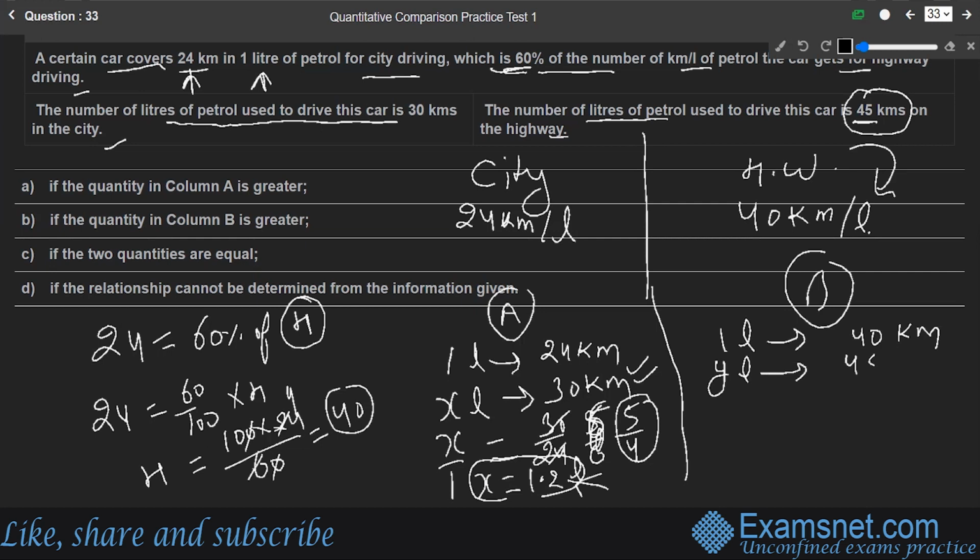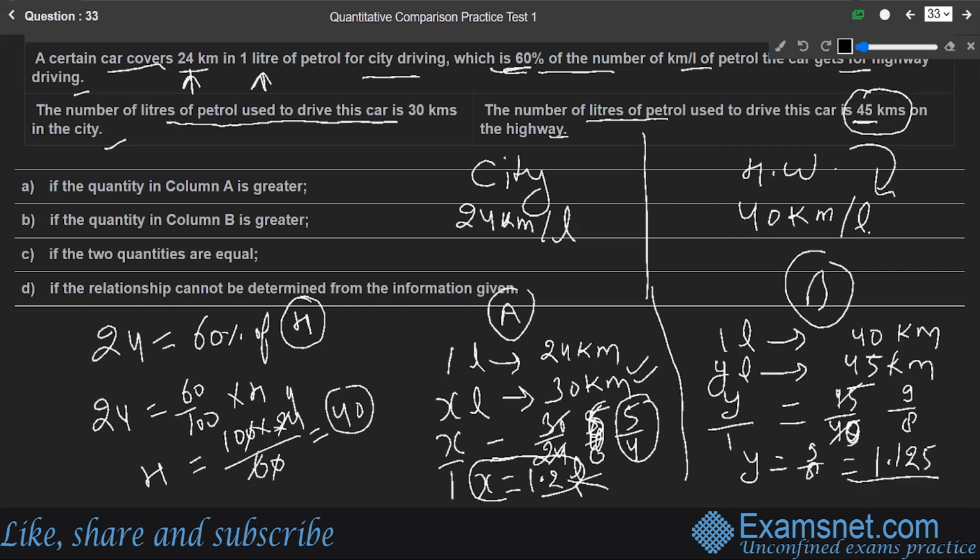Again the same ratio is set up. y by 1 in terms of petrol is equal to 45 by 40 in terms of kilometers. That is 5 9s are 45, 5 8s are 40. So y value comes out to be 9 by 8. If we solve, 8 1s are 8, remains 1, so the value is 1.125 liter, and on the left hand side the value is 1.2 liter.